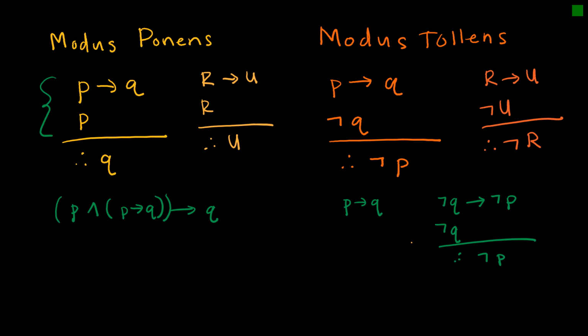And again, to look at my corresponding tautology to that one, we have not Q and if P then Q, then not P. So all of these rules that we talk about should have a corresponding tautology.